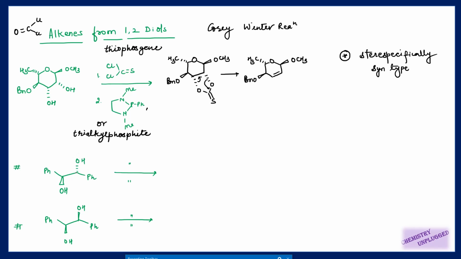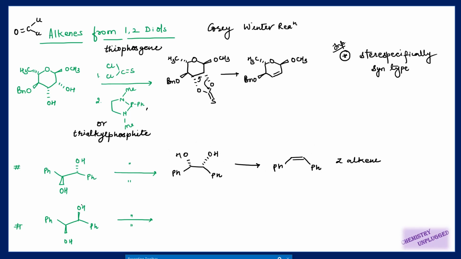Either can be rotated, but the simple thing is you have to place these two OH in the same direction. So the important point about this reaction is to remember this point, right? Remember this one, otherwise the mechanism is very easy. So when I rotate this carbon, this OH will go below the plane. Now I can remove these two, so we will get here Z alkene.